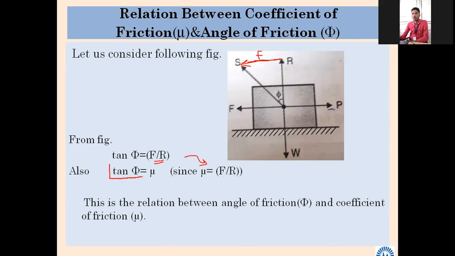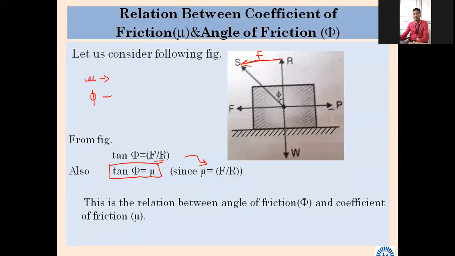Sometimes the coefficient of friction is given in the problem and we are supposed to find phi. What is phi and what is mu?